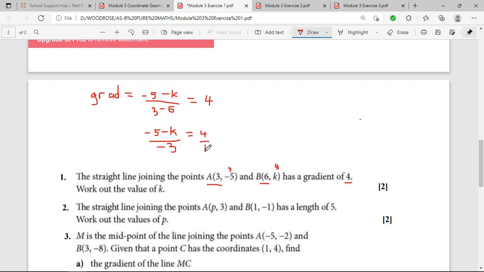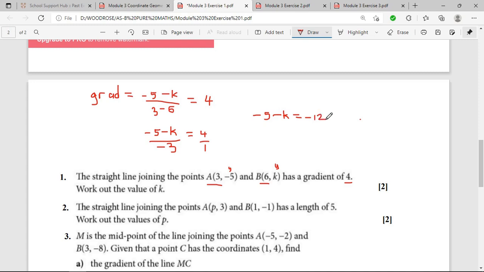So we want to find the value of k. What are we going to do here? We are going to cross multiply. 1 times this, you get minus 5 minus k, is equal to minus 3 times 4, you get minus 12.